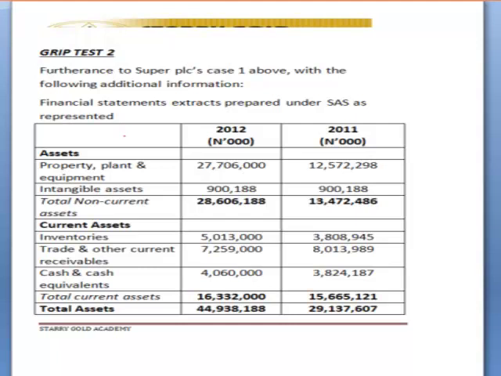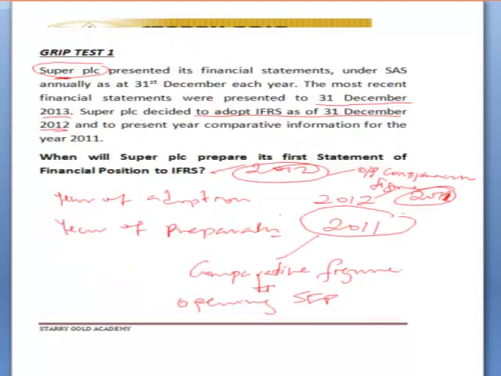Furtherance to Super PLC's case 1 above with the following additional information. Now, from our application of the first group test, which is identifying the period in which the reporting entity is able to adopt IFRS, we were able to establish that the first IFRS statement that this entity is going to present is 2012. However, it has to present a comparative figure in 2011.